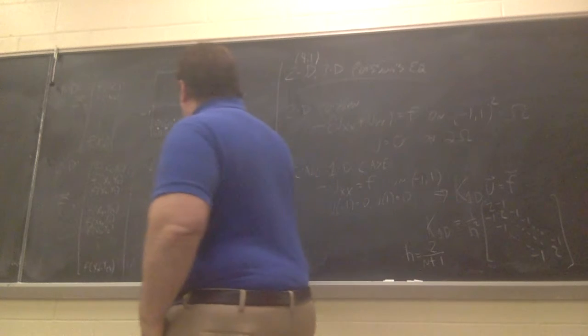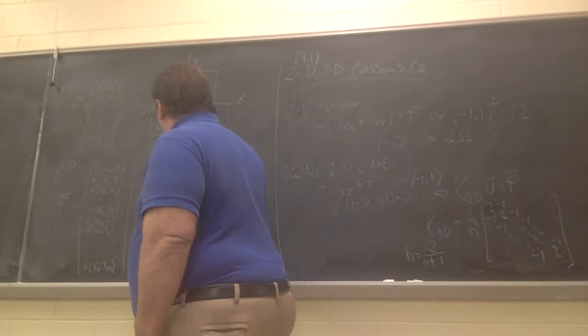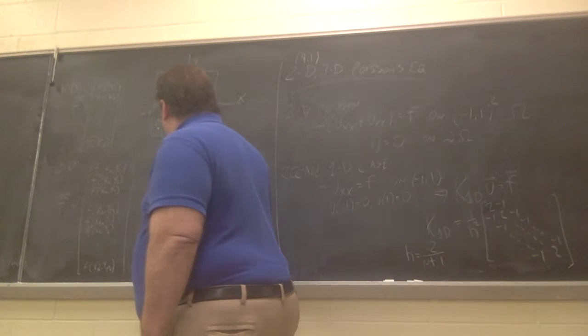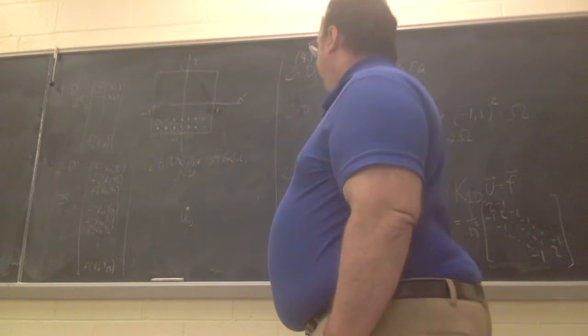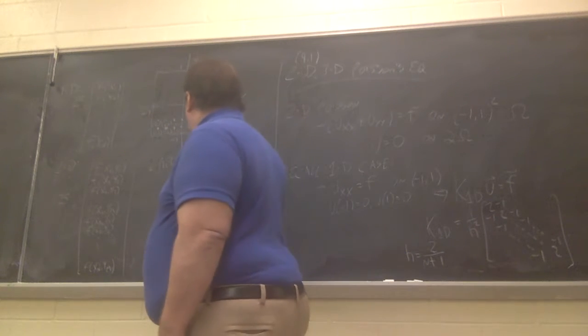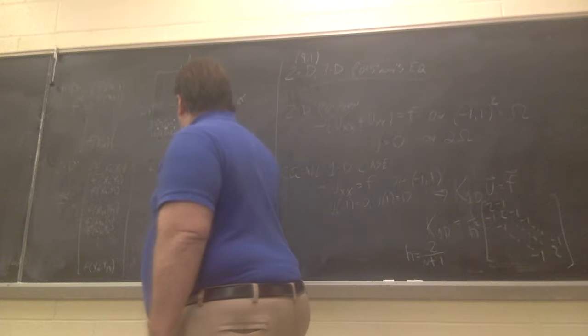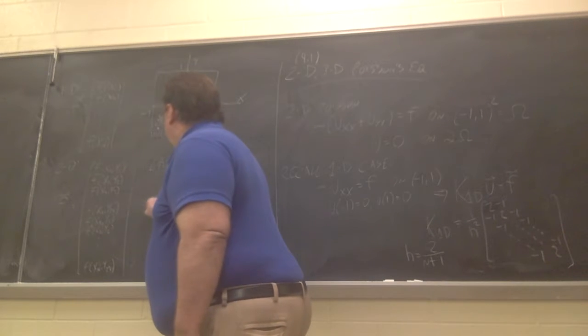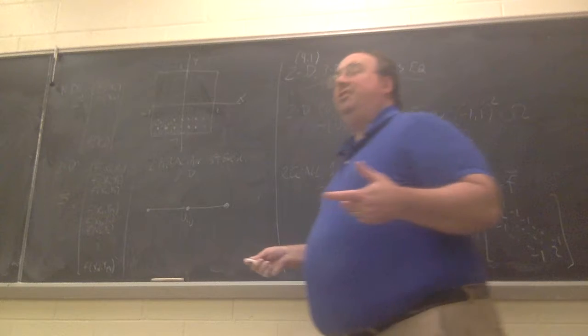So the Laplacian at a point u_ij is going to involve, first, points to the left and right, just like in one dimension.